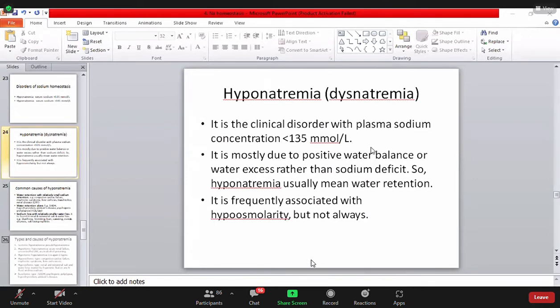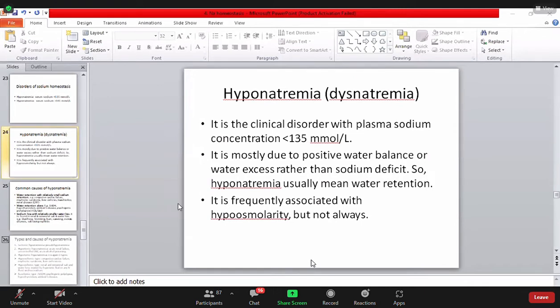And when it occurs, it mostly occurs due to positive water balance or water excess condition rather than sodium deficit. Hypo means low. So hyponatremia শুনলে আমরা বুঝবো কি there is sodium deficit, but it mostly occurs due to water excess or positive water balance rather than sodium deficit.